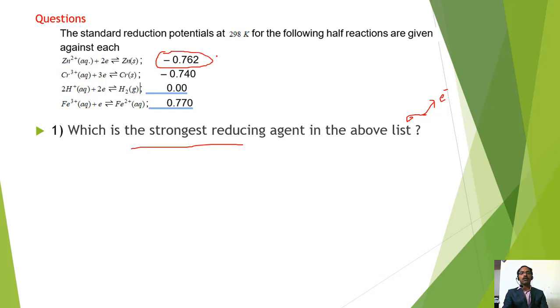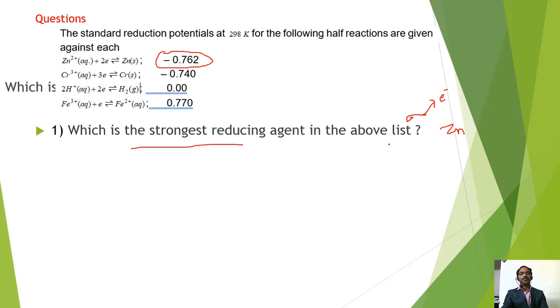That means the oxidation potential value is highest, a strong reducing agent. A reducing agent should lose electrons, of course, the losing tendency is more. Negative means losing tendency. So the answer is zinc.